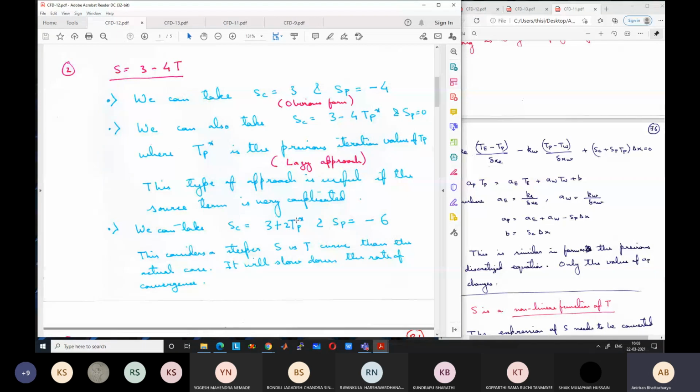So if there are 1 lakh grid points or 1 million grid points, we have to check for 1 million grid points. Even if at any location the value is not satisfying the convergence criteria, we have to keep on iterating. Once at all the grid points the values satisfy the convergence criteria, we can stop the iteration, say that the result has converged, and go to the next time step.